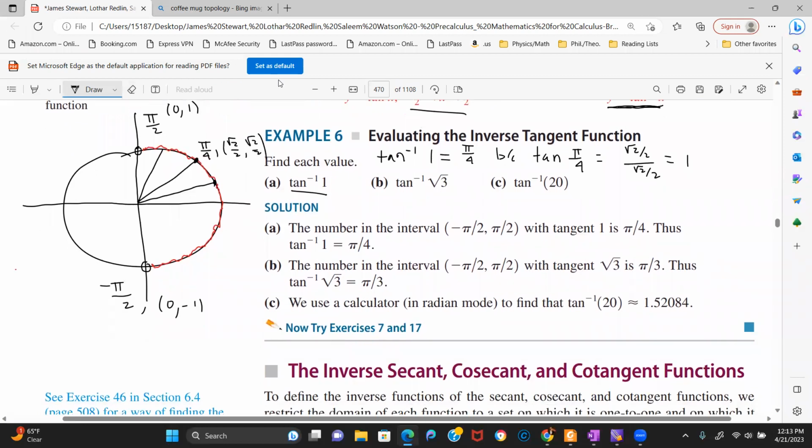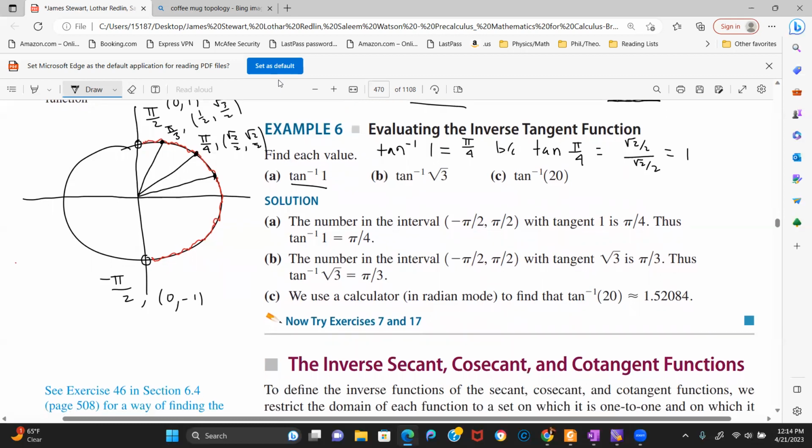All right, so now for this next one, you want to take tan inverse of root 3. Well, if you look at this point right here, this is pi over 3, and the corresponding point is (1/2, root 3 over 2). So the claim is that tan inverse of root 3 equals pi over 3. Why is that the case?